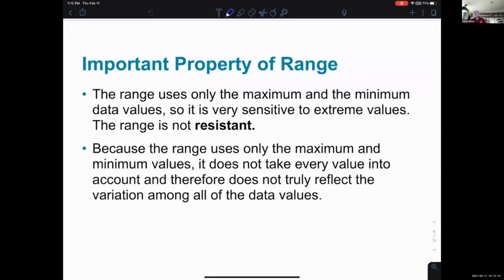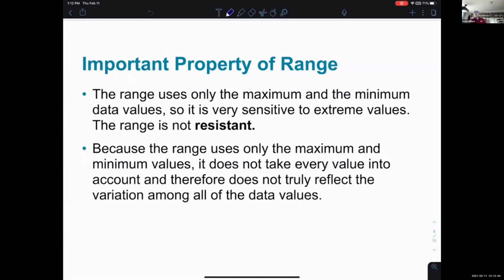One of the things that they talk about is being resistant. They define that in 3.1, but the basic idea is that a measurement calculation like range or some other statistic is resistant if a few extreme values in the data set, extreme outliers as we loosely defined in chapter 2, do not have a strong impact on the value of your calculation.